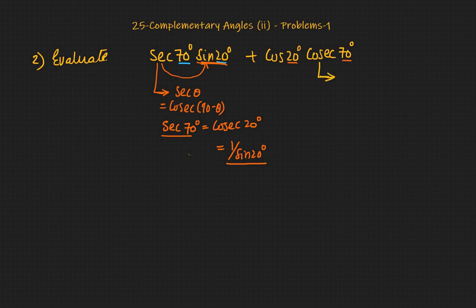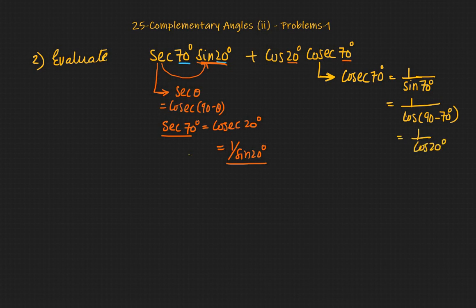You can do it in two ways. If you don't like complementary angles in cosecant, you can straight away convert it. This will be nothing but 1 by sine 70, and 1 by sine 70 would be equal to 1 by cos of 90 minus 70, which is 1 by cos 20.